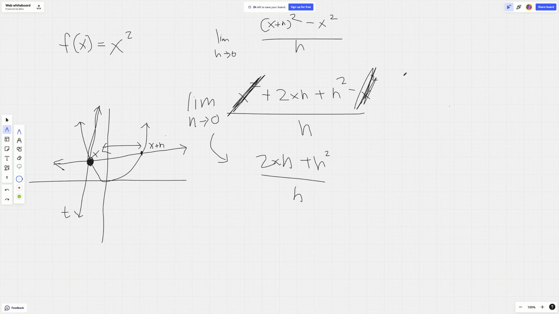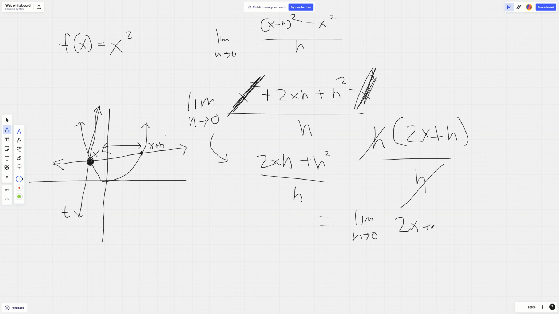We get that this is going to be the limit as h approaches 0 of h times 2x plus h. Okay, that's cool, and we're dividing by h. All of a sudden, we can cancel out these two h's. So now we're just left with the limit as h approaches 0 of 2x plus h.